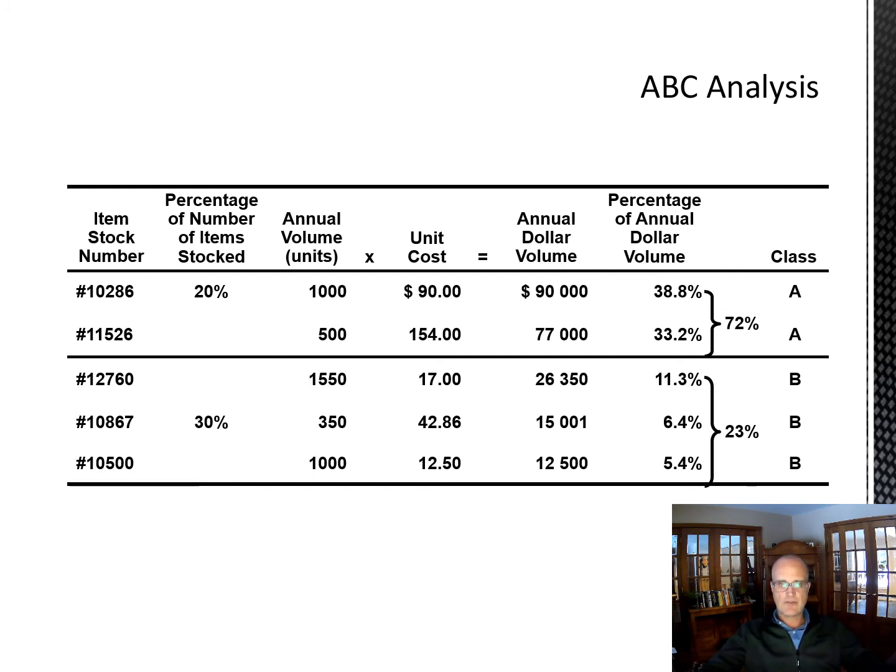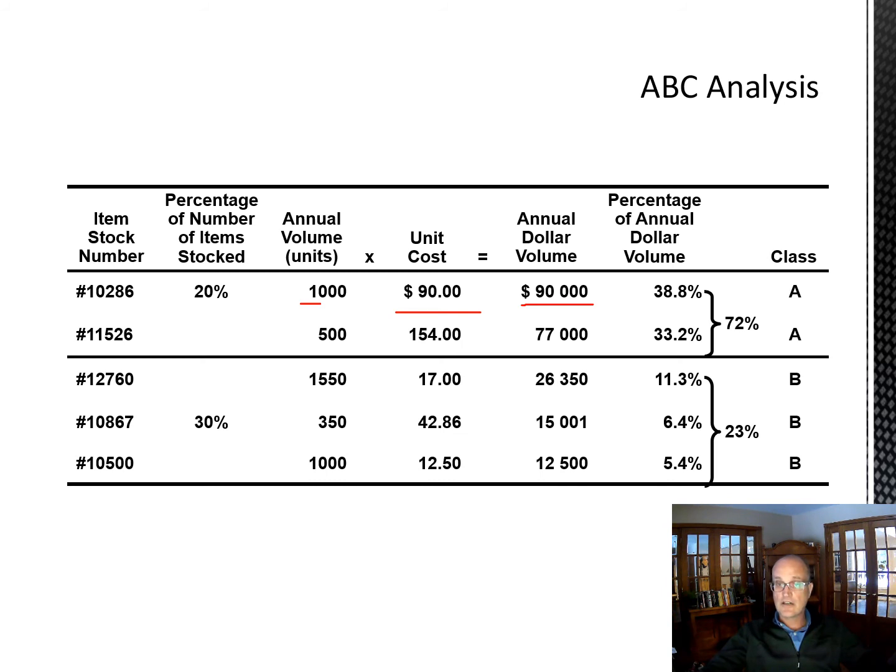So how do we do it? Well, this is a simple example. We have here on the left stock item numbers, and we talk about percentage stocked, annual volume, and unit cost. So then we have an annual dollar volume, and then we can total it for all and see that in this circumstance, you'll see on the next slide, 90,000 represents almost 40% of the dollar volume of the stock items we've stocked.